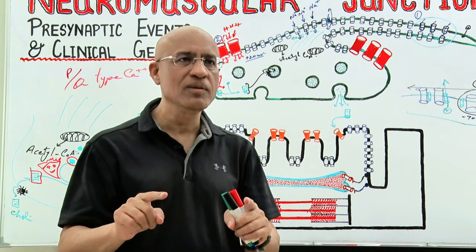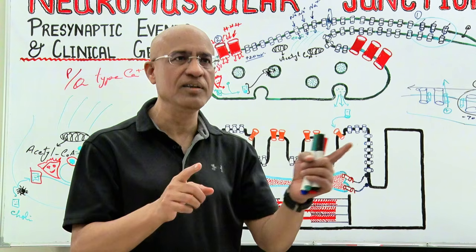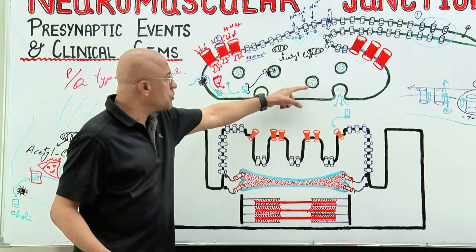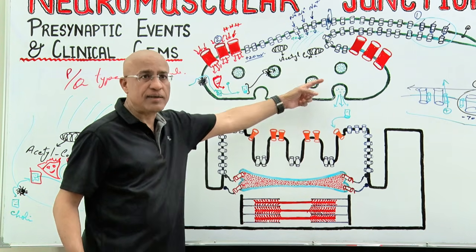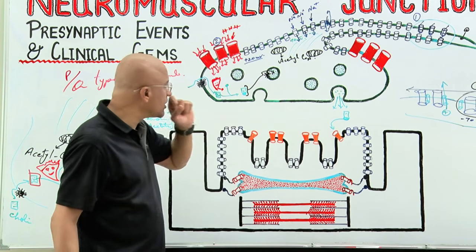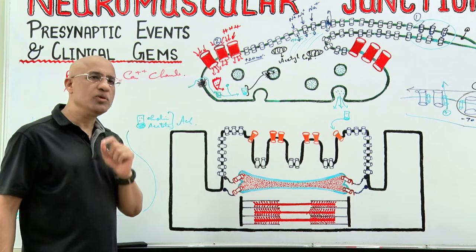Calcium influx means there is a message: release acetylcholine. The message is that vesicles should move towards the presynaptic membrane, fuse with it, and release their content in the synaptic cleft.